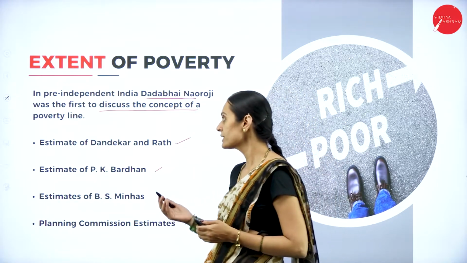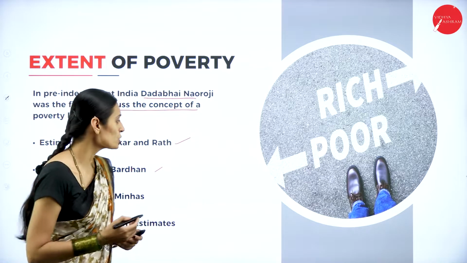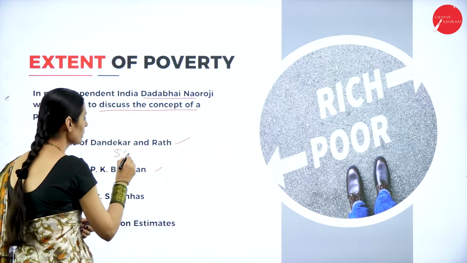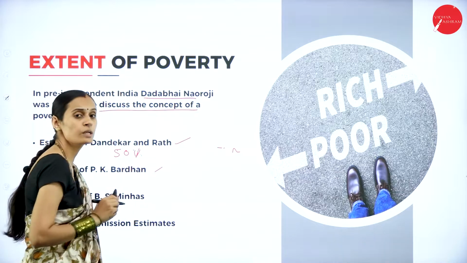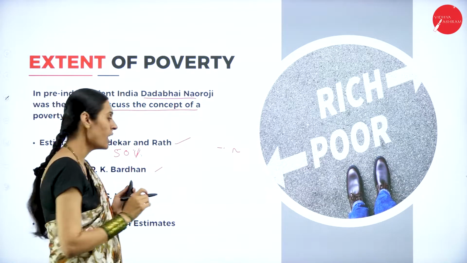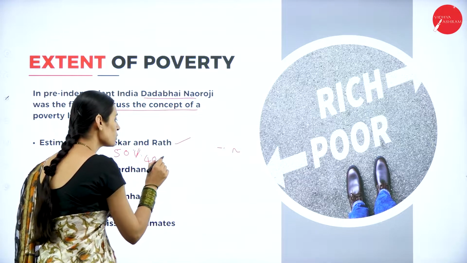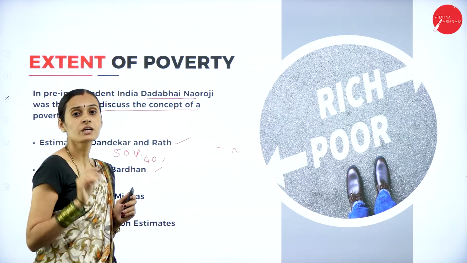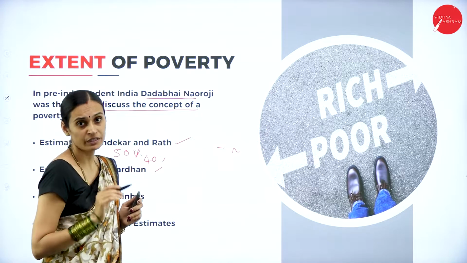According to this estimate, 50% of the total population came under the poverty line in rural areas and 40% of the total population in urban areas.